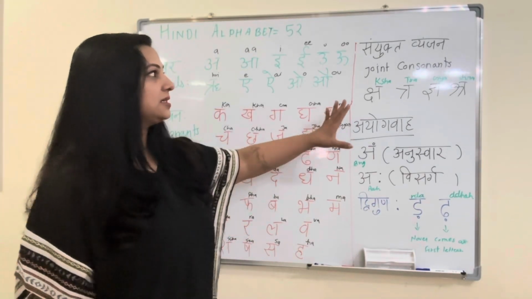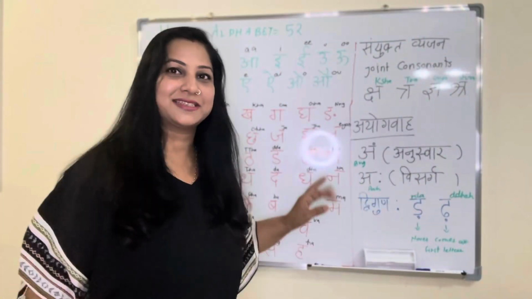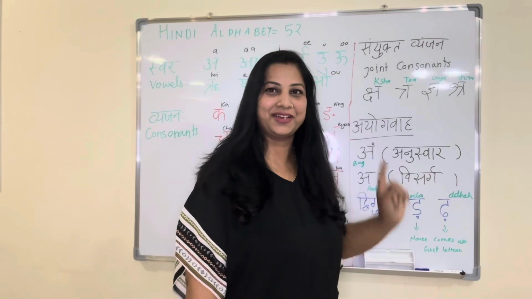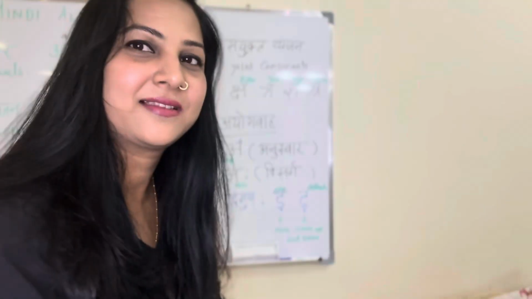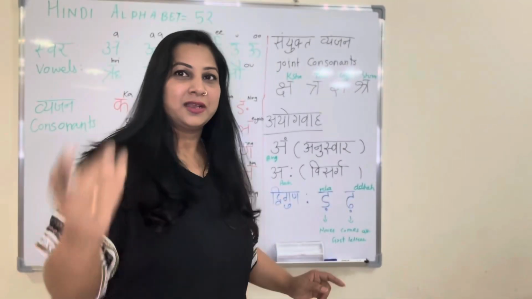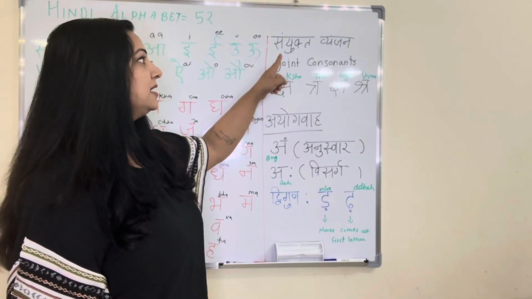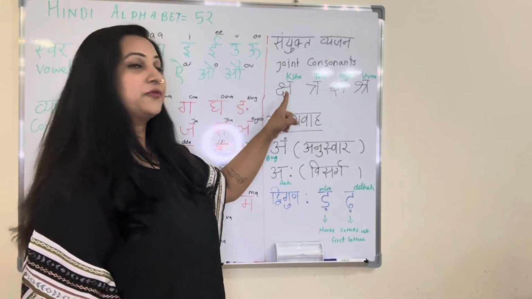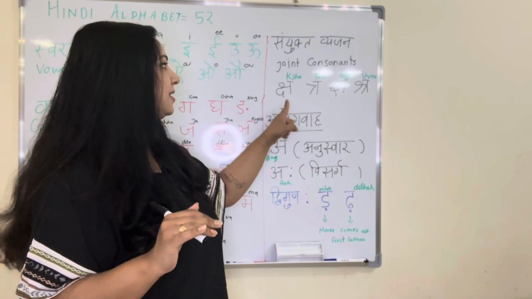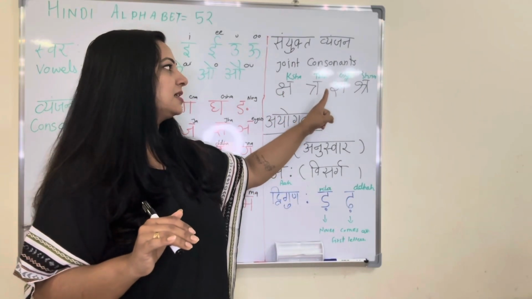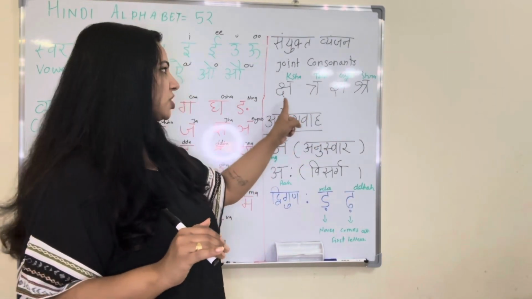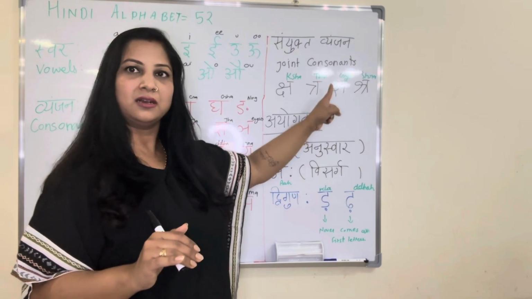Now let's see here. Now here we have the Sanyukt Vyanjan, of which we have four: Ksha, Tra, Gya, Shra.